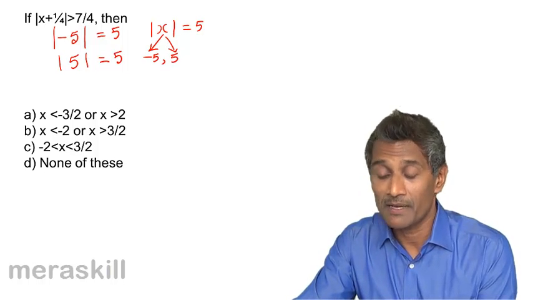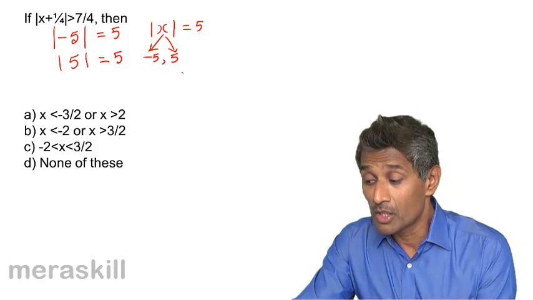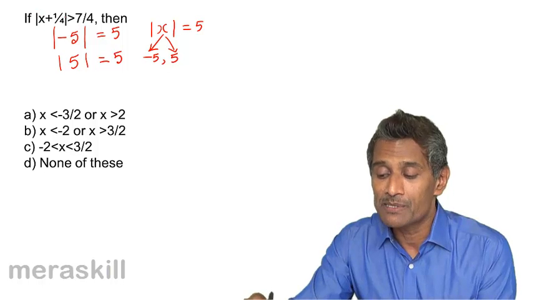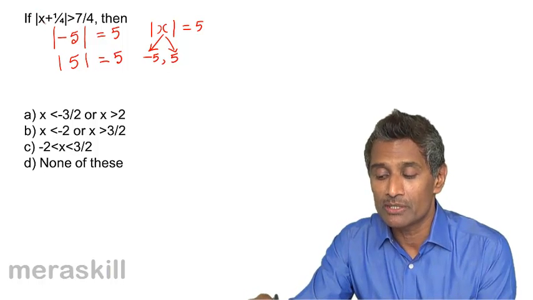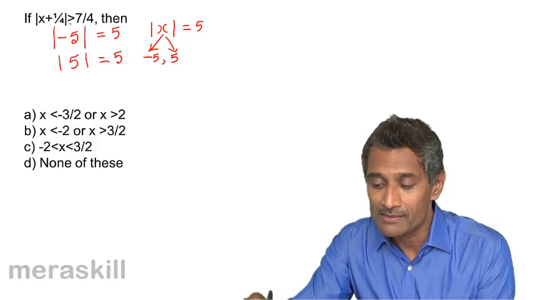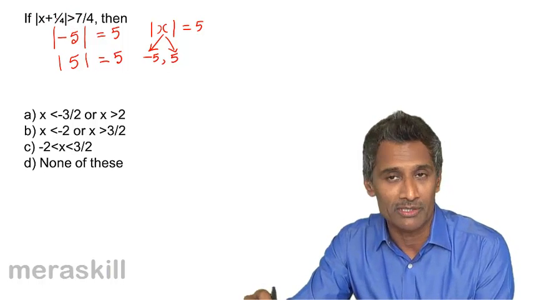So whenever we take a number, you have the absolute value, or modulus, of x plus. Absolute value is also called modulus, and these brackets are called mod brackets or modulus brackets.